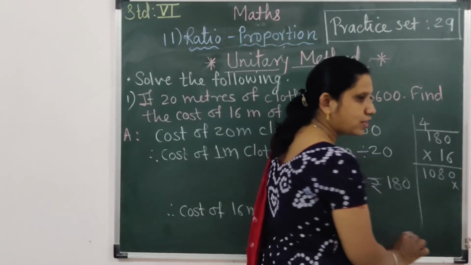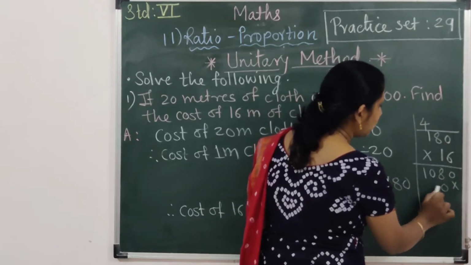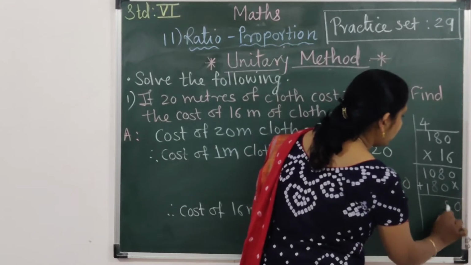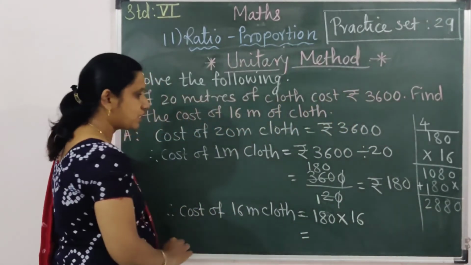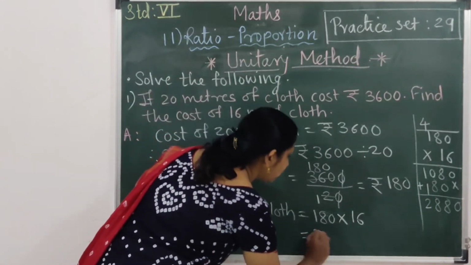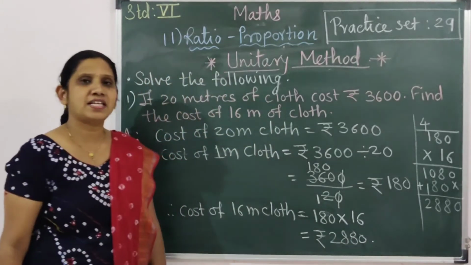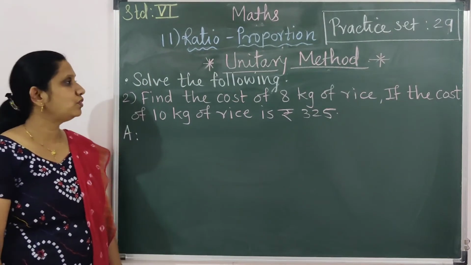Put here a cross or 0 as I already taught you. 1 zeros are 0, 1 8s are 8, 1 1s are 1. Let us add this 0, 8, 8 and 2. So what will be the cost of 16 meter of cloth? That is rupees 2880.